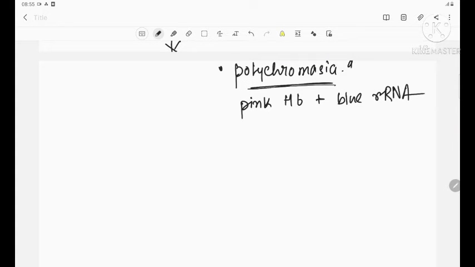Now, the late normoblast or orthochromatic normoblast.